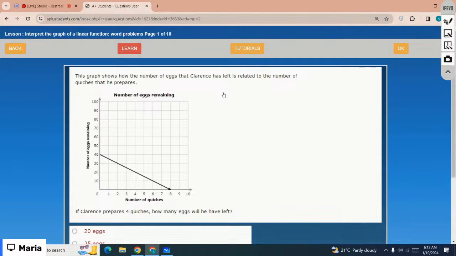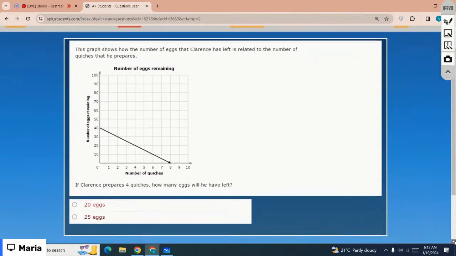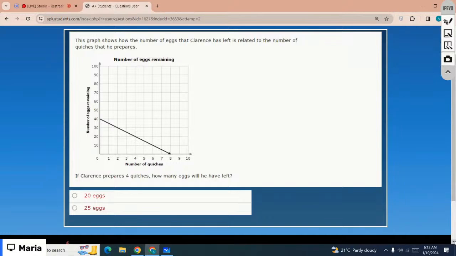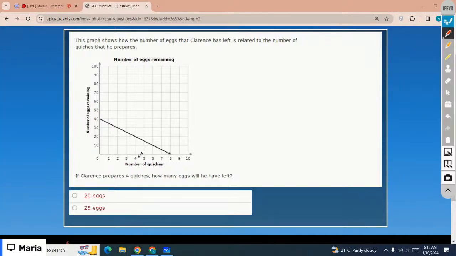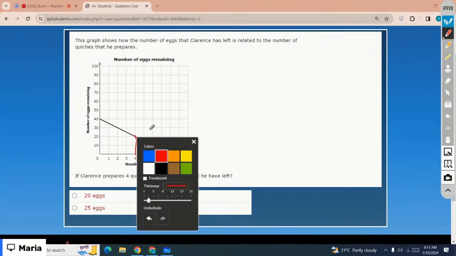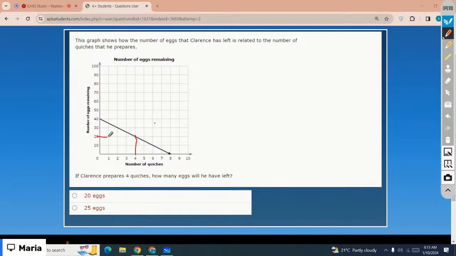Okay, the graph shows how the number of eggs that Clarence has left is related to the number of quiches that he prepares. So, if Clarence prepares 4 quiches, how many eggs will he have left? Okay, here is 4, right? Match it to the graph first from x to graph and then from graph to y-axis, right?